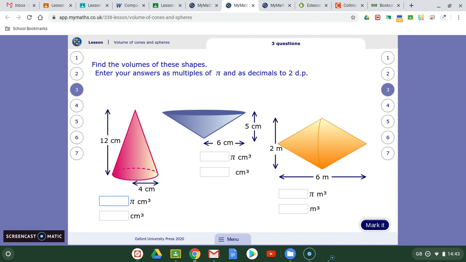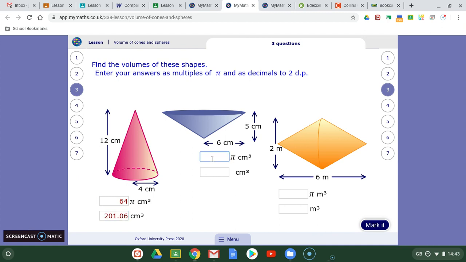So you end up with 4 pi times 16, which is 64 pi. So 64 pi centimetres cubed. And then if we did that in our calculator, pressed SD, 201, oh no, wrong box, 201.06 to 2 decimal places.